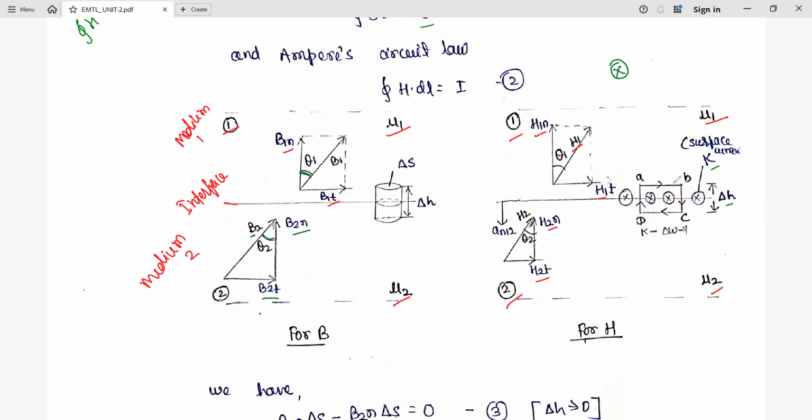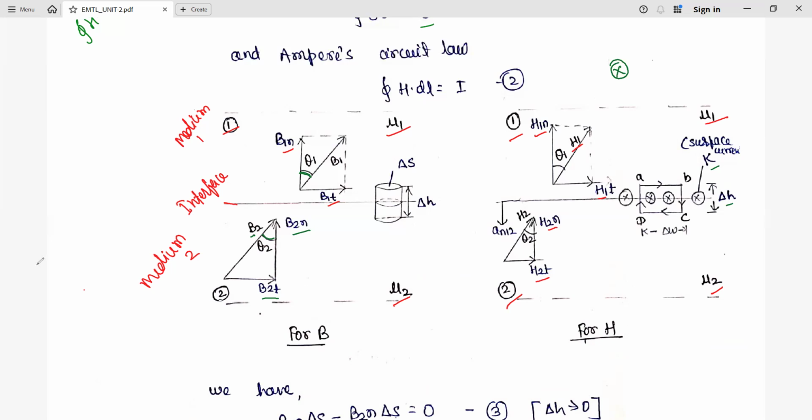Now we have to move over the path A, B, C, D, A on both sides, for the flux density as well as for the field intensity. Both situations we are going to discuss one by one.